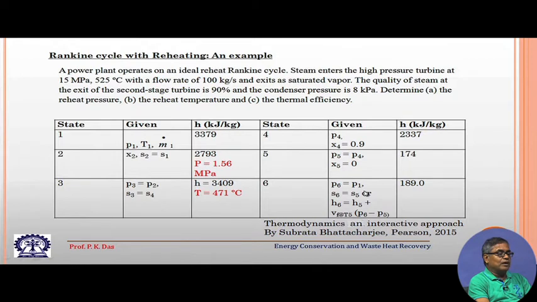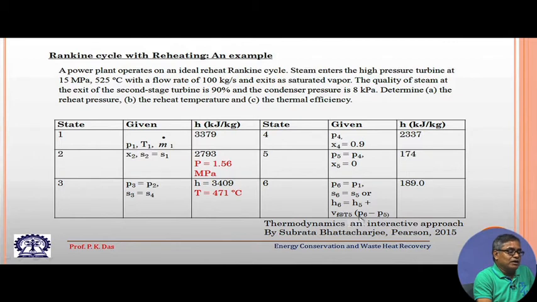P6 is equal to P1, that is the boiler pressure, which is known. S6 is S5, since again it is a reversible adiabatic process, or isentropic process, and H6 is equal to H5, the enthalpy of the saturated liquid at the exit of the condenser, plus the pump work.